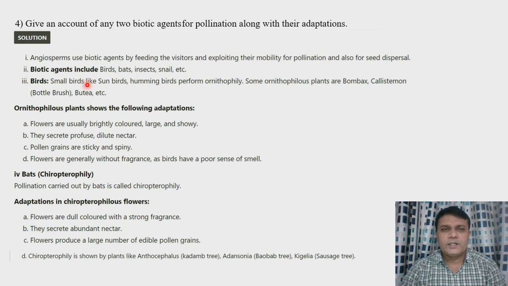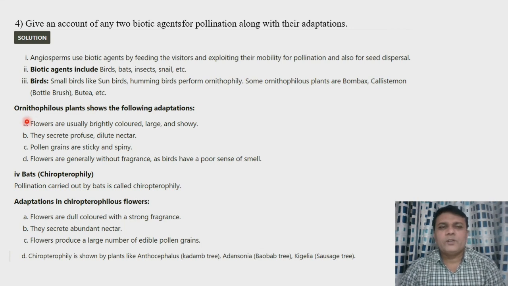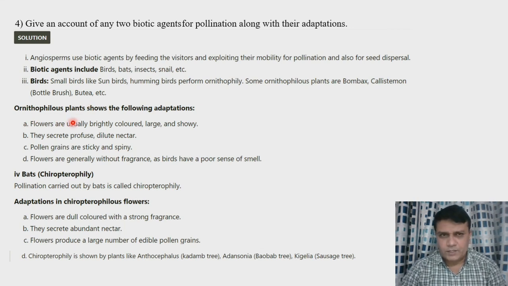Now, biotic agents include birds, bats, insects, snails. Small birds like sunbirds and hummingbirds carry out ornithophily or bird pollination. Examples of the plants are bombax, callistemon, which is also called bottle brush, butea, etc. Now, ornithophilous flowers or plants show the following adaptations.